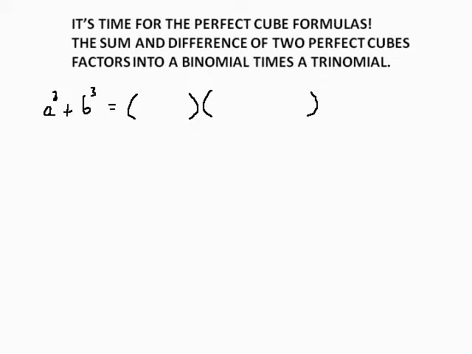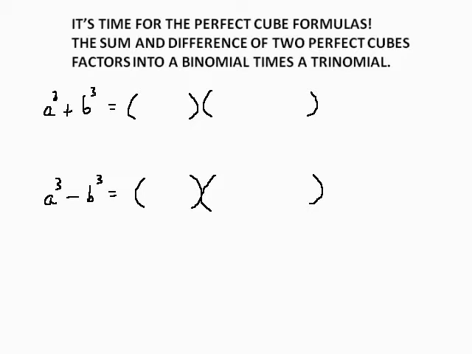Okay, and I'm also going to come down here and I'm going to put a cubed minus b cubed. So we're going to look at both the formulas for factoring the sum and difference of two cubes. And if you get this, you can factor any cubes, and we'll do that as we progress here.